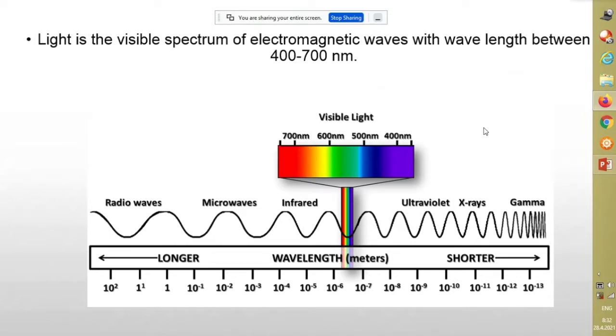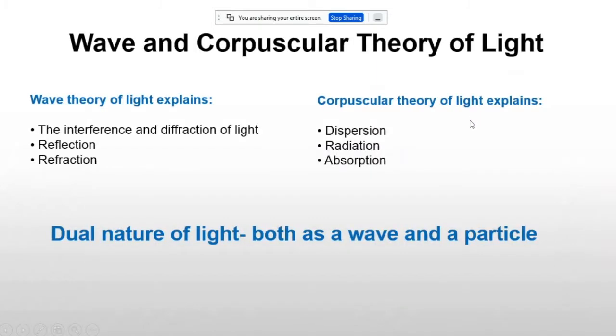And what light is has really kept the attention of scientists for centuries, and they have reached the conclusion that light has both qualities of a wave and of a particle.